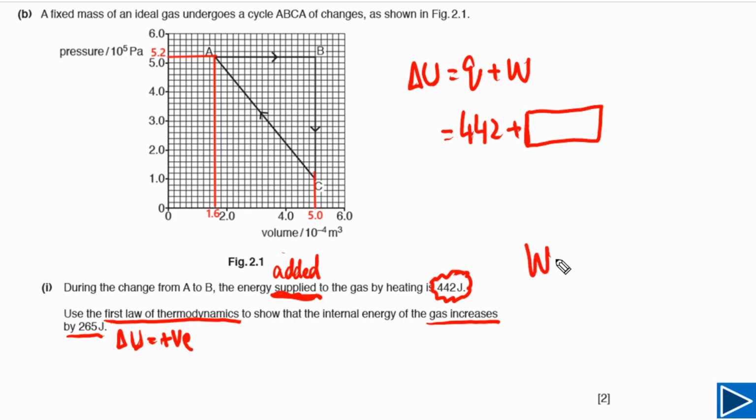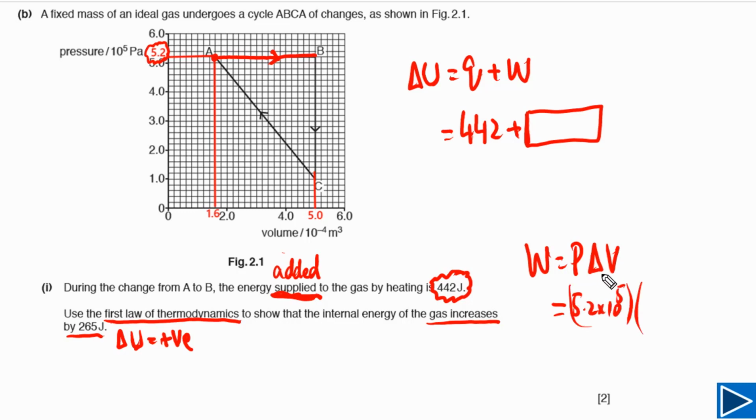We simply understand work done by gas is simply equal to P times delta V. If we look at point A, value of P is given, and if we go from A to B, value of P is not changing, means P is constant, and value of P is equal to 5.2 times 10 to 5.